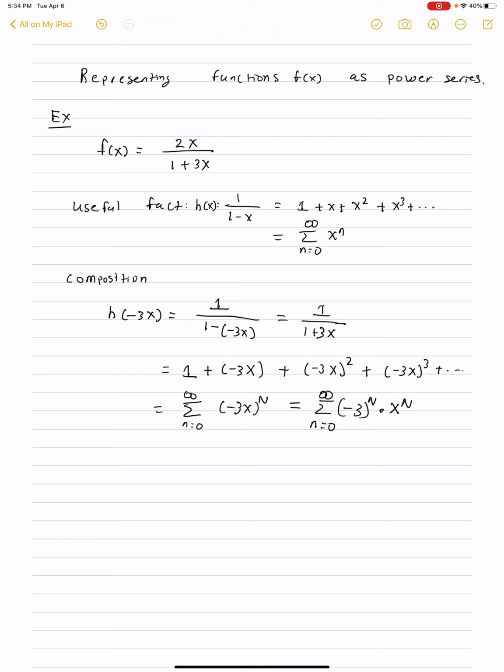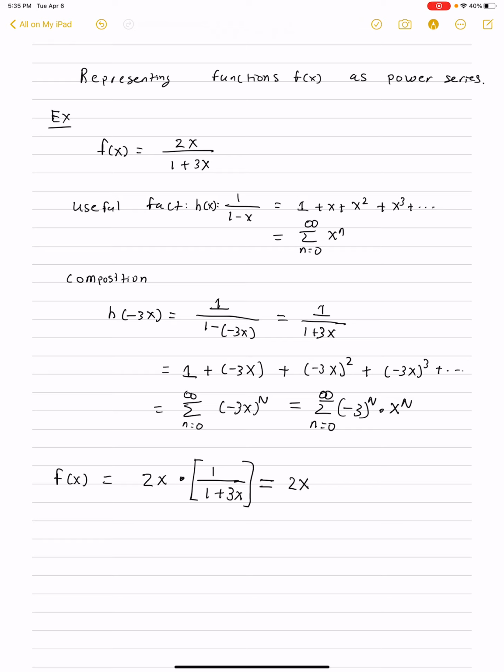So this h of minus 3x comes very, very close to f of x. In fact, f of x is going to be 2x multiplied by 1 over 1 plus 3x. And hey, I can write this part as a series.